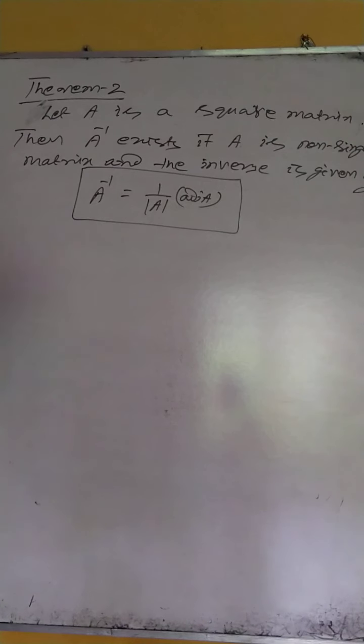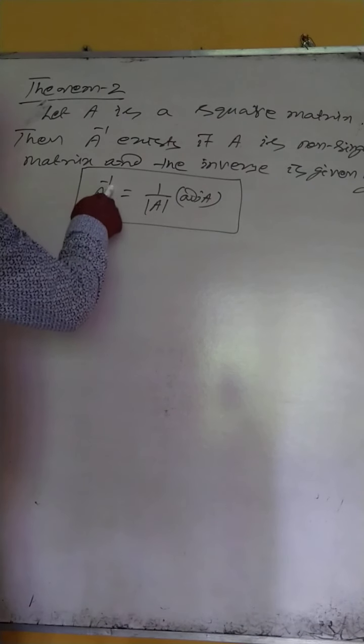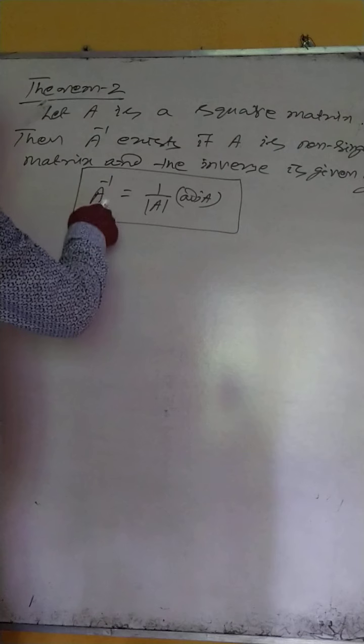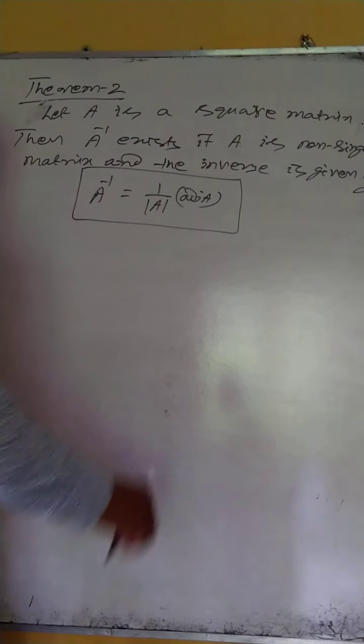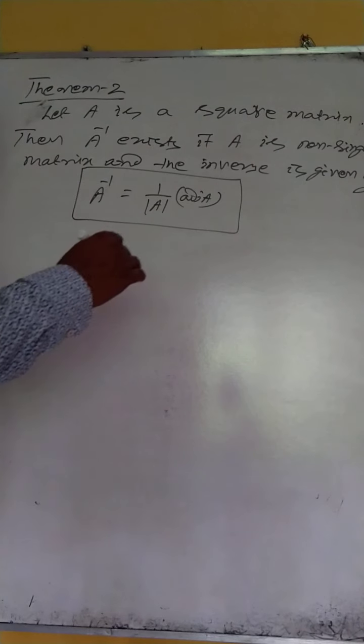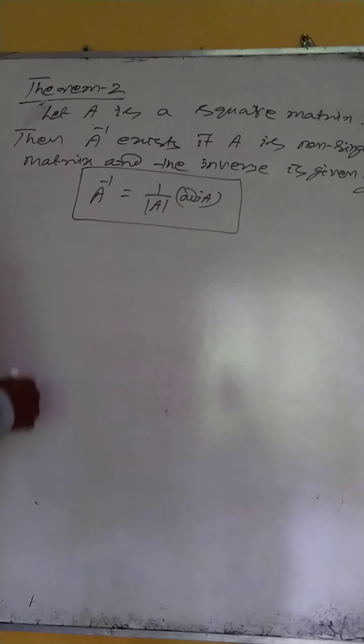That means if A is a non-singular matrix, then its inverse exists and it is given by A inverse equal to 1 by determinant A into adjoint A, that means adjoint A by determinant of A.